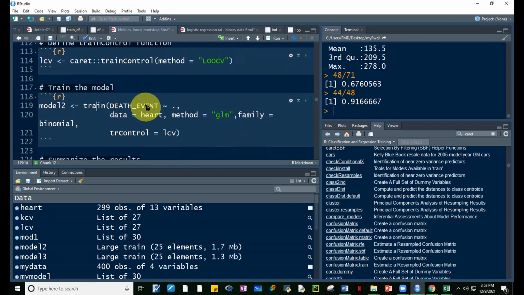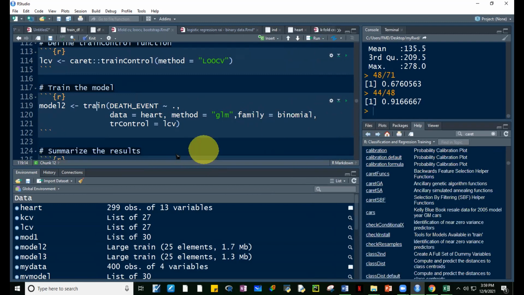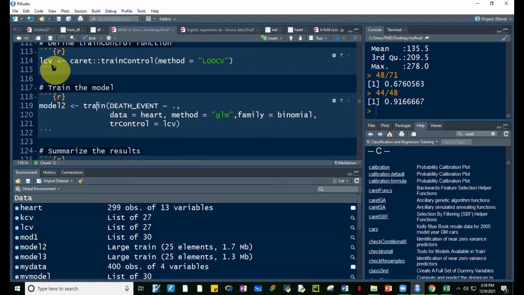Dependent variable, yung death event, regress on all. And then data natin will be the heart data. No? So dito, guys, wala tayong test at saka train. Dito yung buong data, yung heart data natin. Method is equal to GLM. Family is equal to binomial. And then, i-define natin yung train control natin, itong LCV. Yan. Ito yun. Okay, then run this.